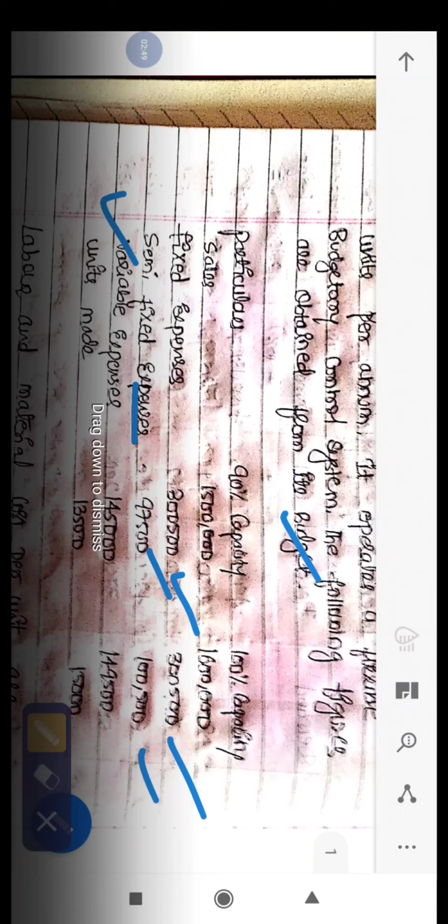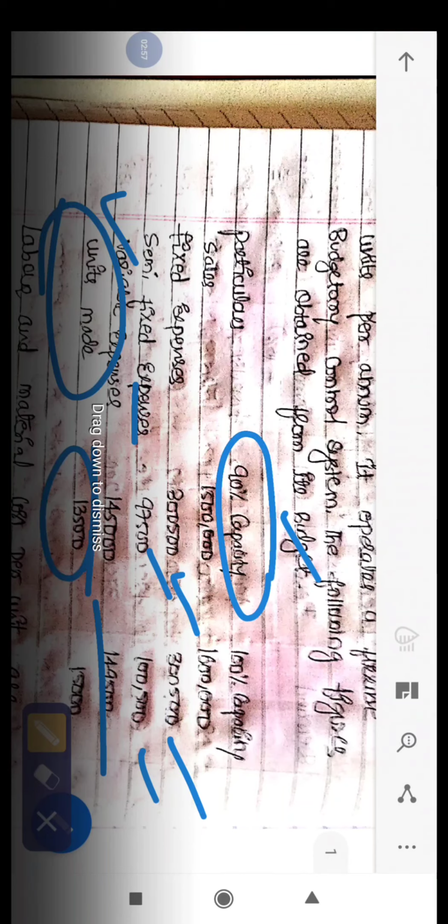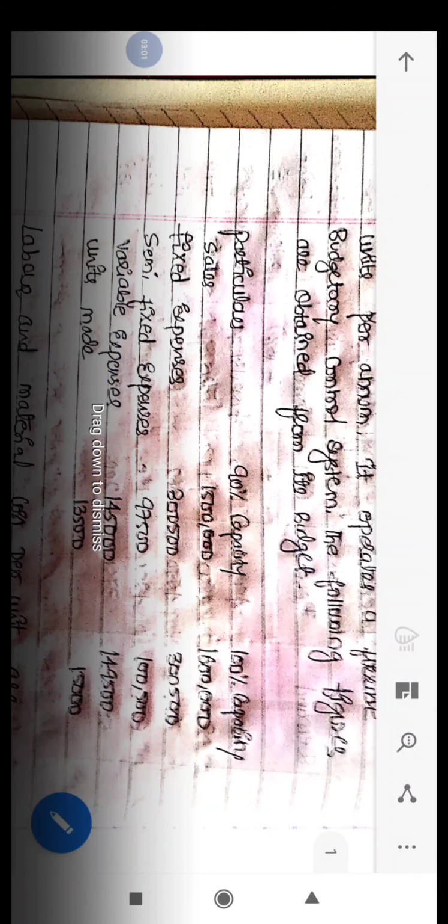Next, variable expenses are 1,45,000 and 1,49,500. Units available, as given, are 13,500 for 90% capacity, and for 100% it is 15,000.